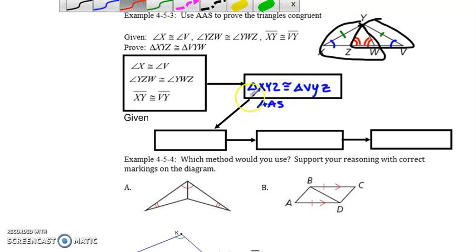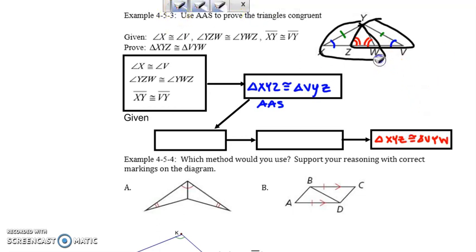So if the triangles are congruent, then we can prove the parts are congruent, because our goal is to actually get XYZ is congruent to VYW. Okay, so that's our end goal here. Triangle XYZ is congruent to triangle VYW. So let me erase some of my parts so you can see that a little bit better.